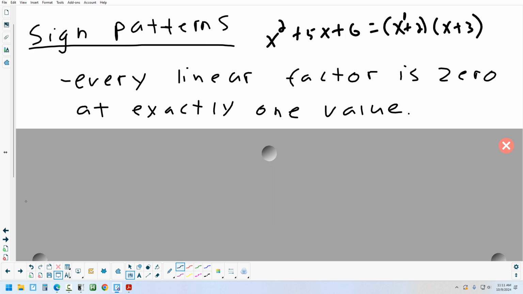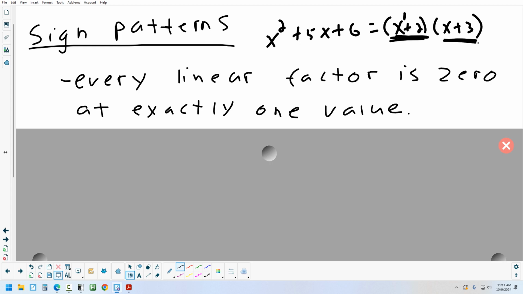So every linear factor has a single number that you can plug into it and make it 0. What number could you plug into x plus 2 and that would come out to 0? Yep, -2, and that is the only number.